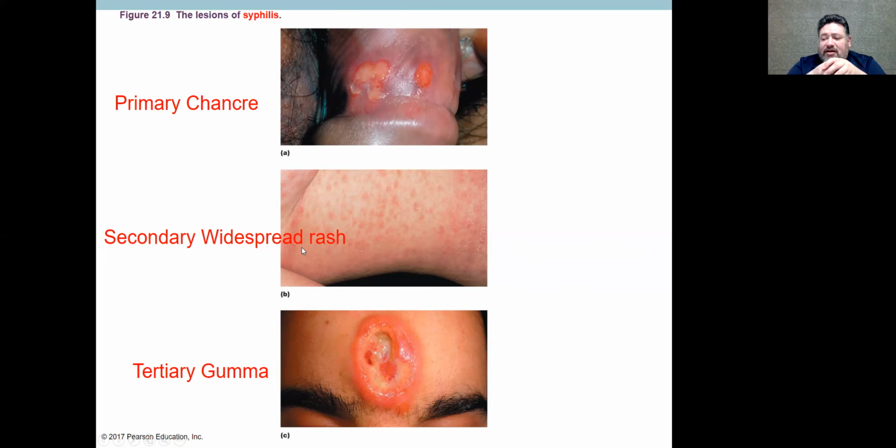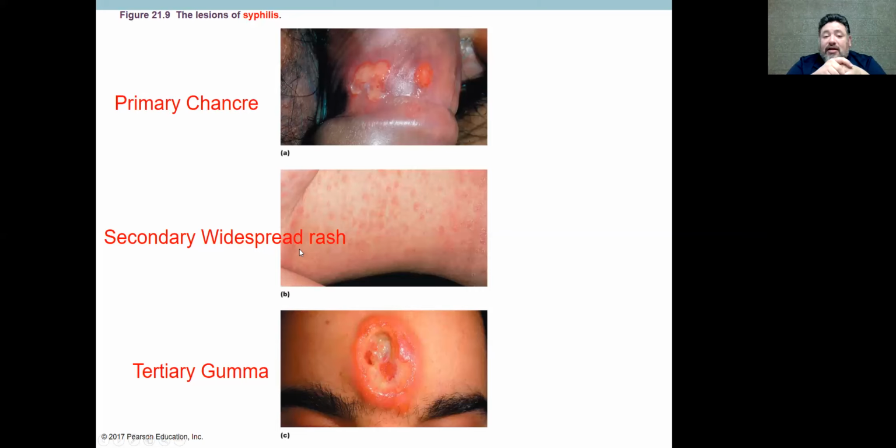Then in about 1/3 of the patients, we would go into the secondary phase, which is a widespread rash throughout the body, including the palms of the hands and the plantar feet. So this is very systemic. It affects every part of the body, and even the brain.